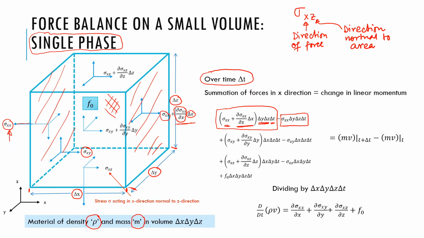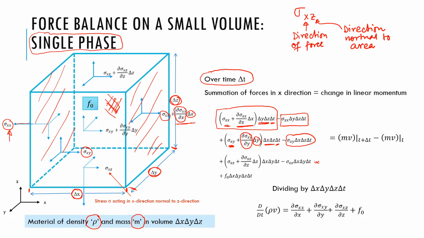On this face would be whatever is here plus the change over delta y. So sigma xy plus del sigma xy del y times delta y, times, that's the stress, the area of this face, which is delta x times delta z times delta t, and minus the one at the back. And similarly for this one.